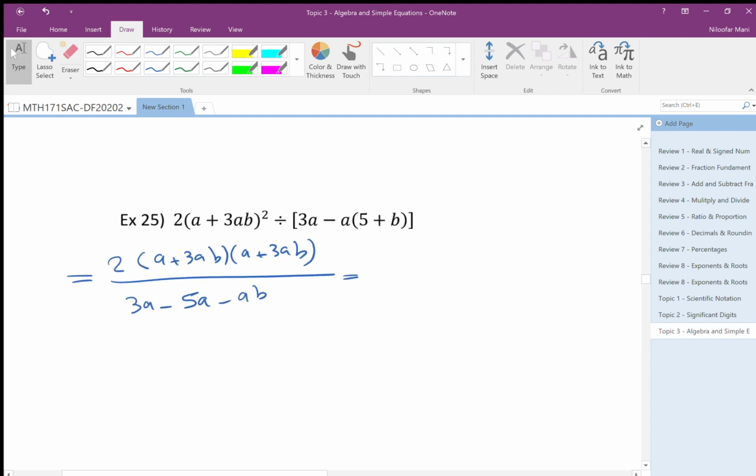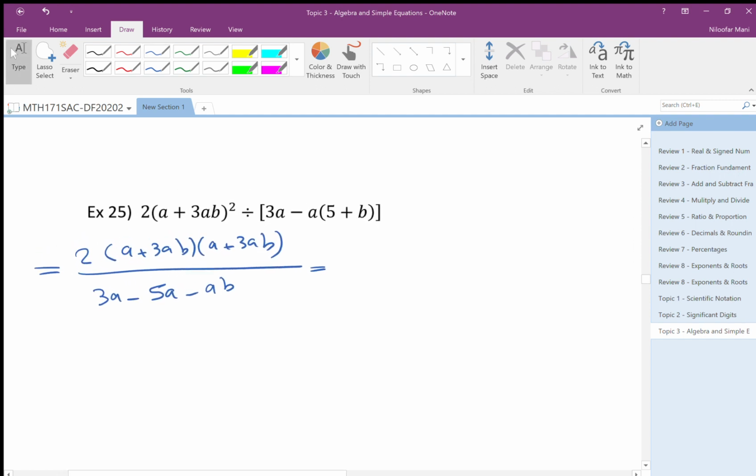Okay, so can I simplify here? Yeah. Okay, so it is 2 times. One common mistake is sometimes I see a student, they multiply the 2 with each bracket. That's wrong. You have to multiply with just one of them, or multiply just at the end with the result of both of them.